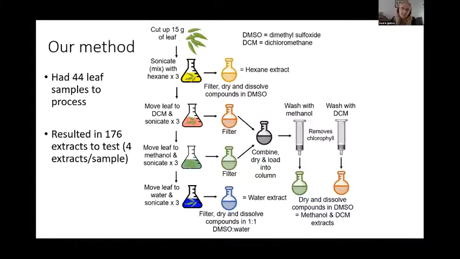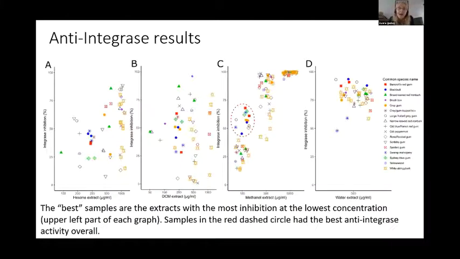Happily, there are commercial kits available, particularly for HIV drug discovery, and we have evidence from our collaborators that compounds that work against HIV also work against Koala Retrovirus. So results that are positive in these tests have a very good chance of being active against our koala virus.